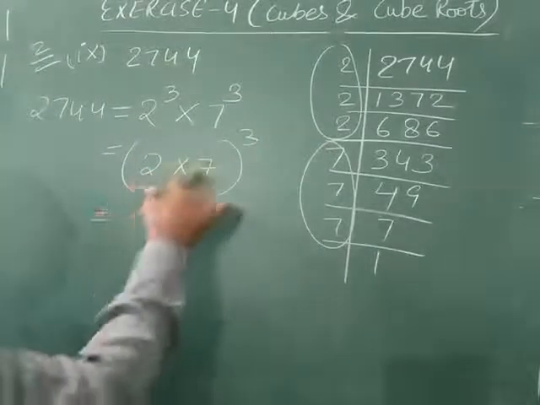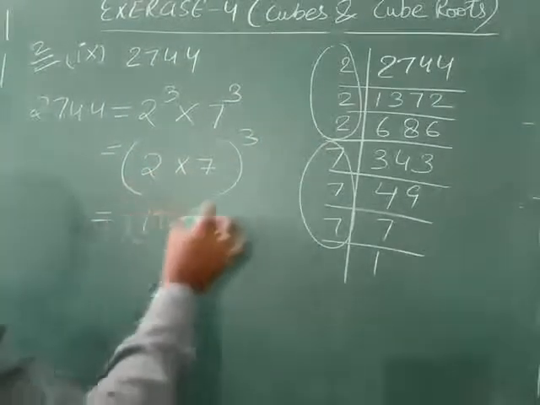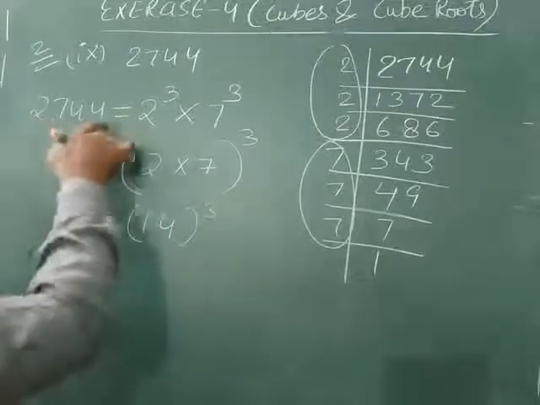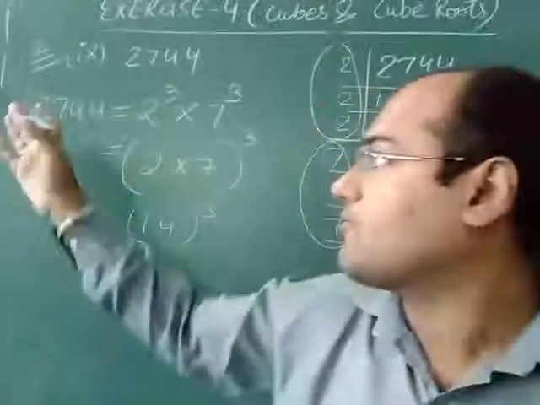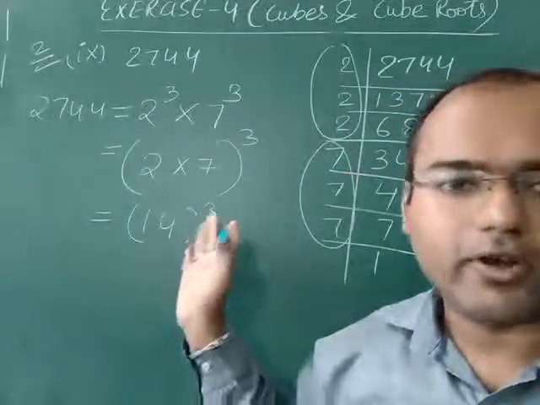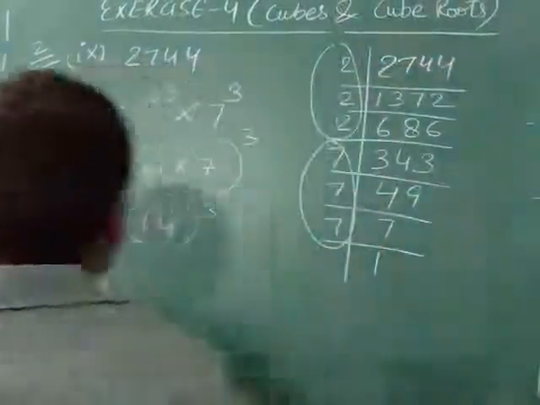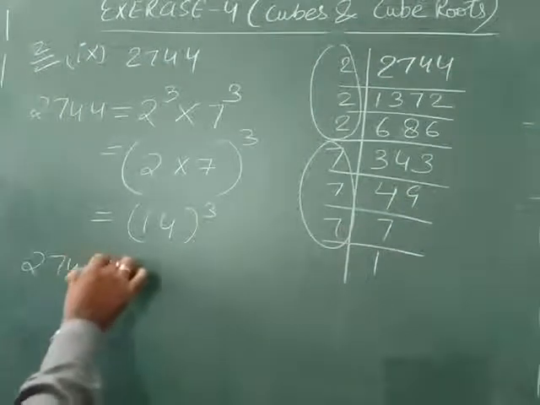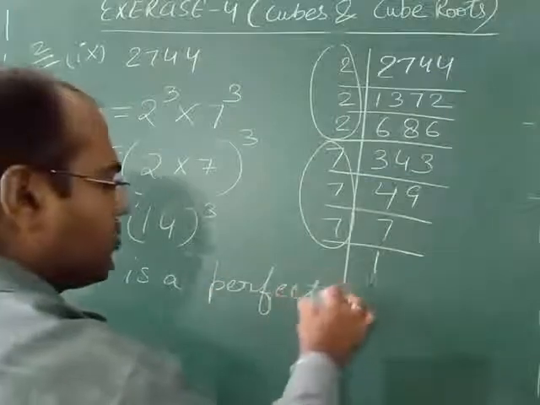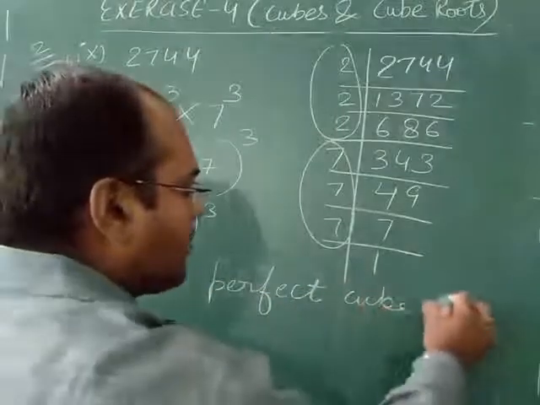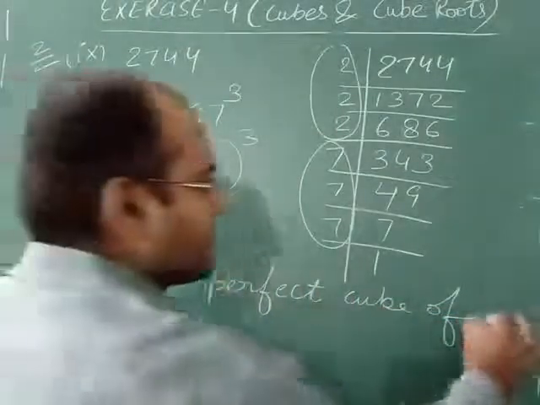So 2 into 7 is 14 power 3. So 2744 answer is 14 cube. So here we get that 2744 is the cube of 14. So what you have to write? 2744 is a perfect cube of 14.